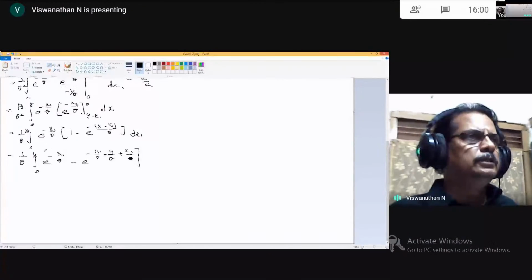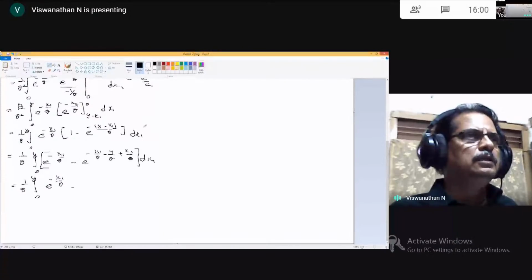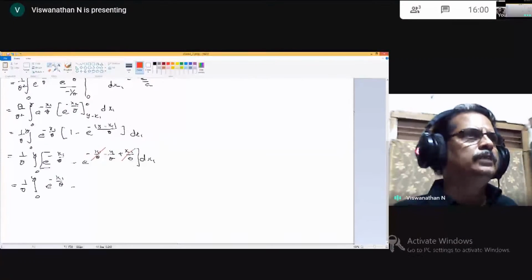For the entire thing, we have to integrate with respect to x1, which is the outer form. 1 by theta, 0 to y, e power minus x1 by theta minus... see, here these two things get cancelled. Minus x1 by theta plus x1 by theta, they get cancelled.